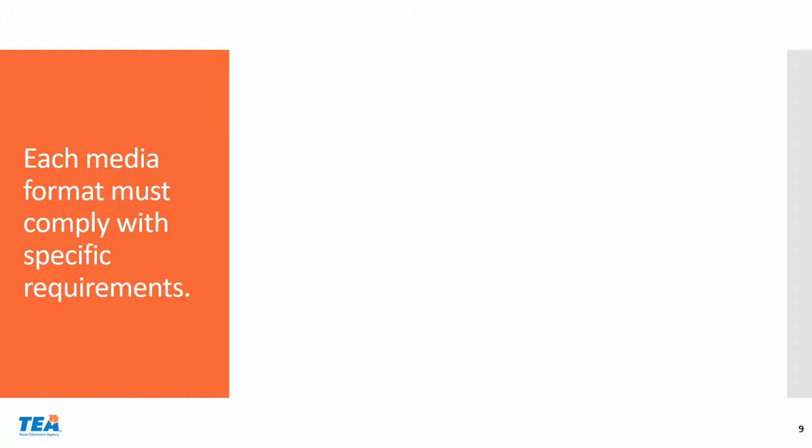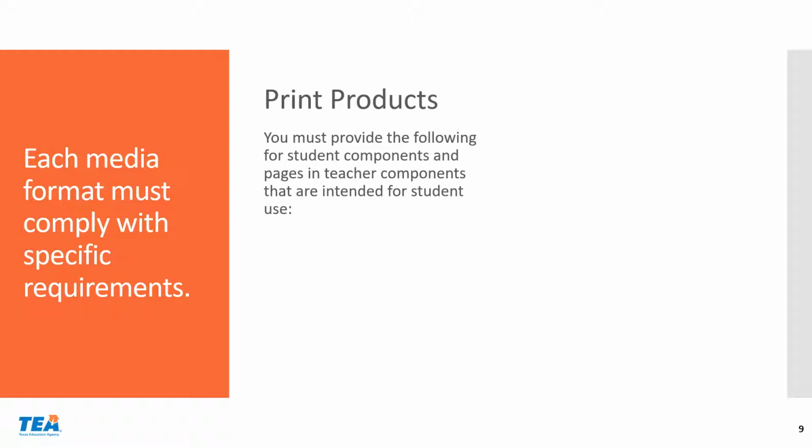Print and digital products must each comply with specific requirements. You must provide the following for all print student components and any pages in print teacher components that are intended for student use. A page count, which will be used to develop the request for proposals for creation of accessible versions of adopted materials.